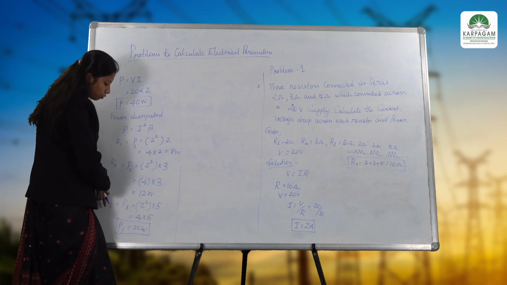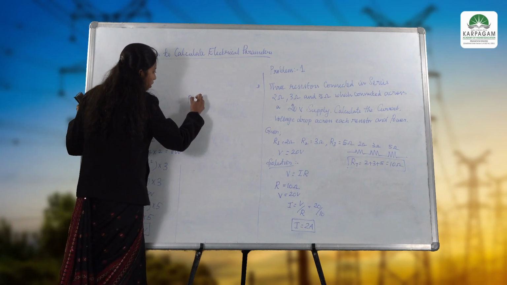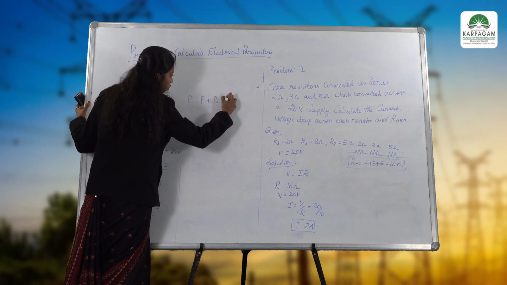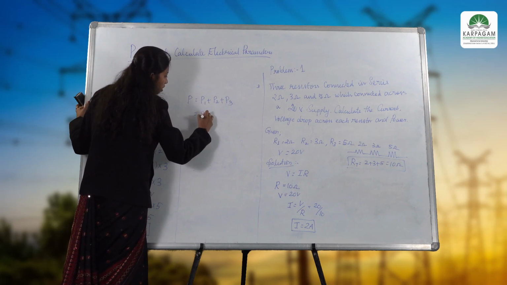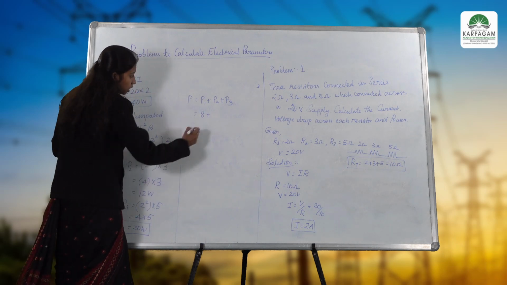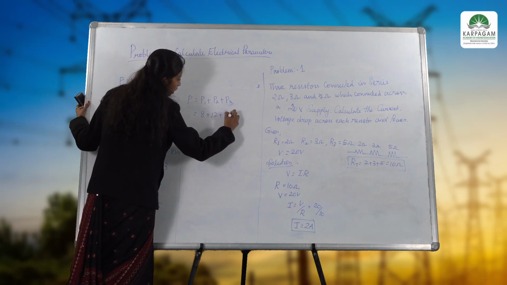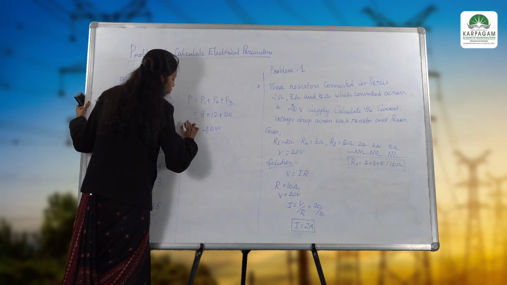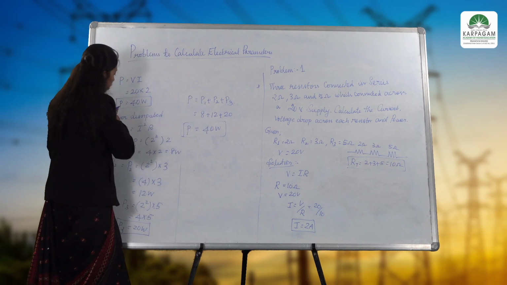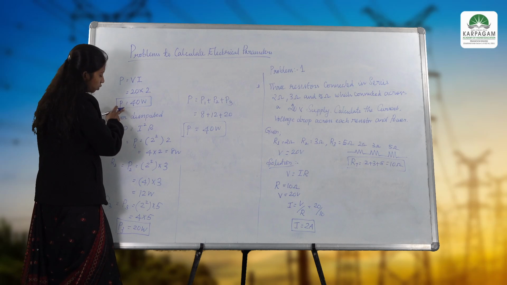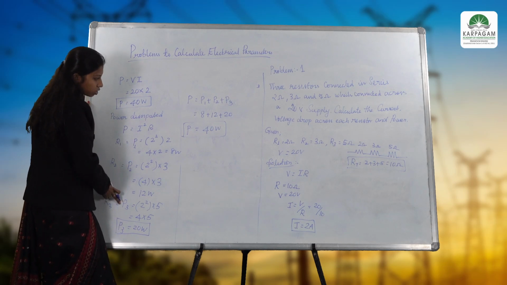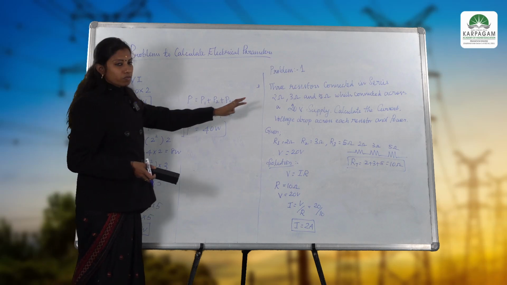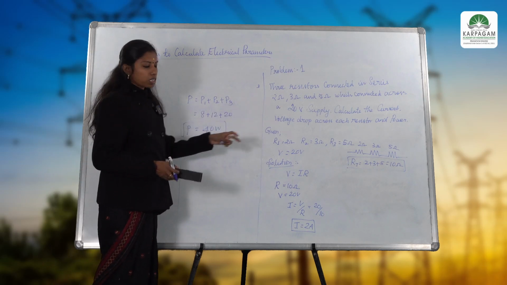So even now if you calculate the total power, P is equal to P1 plus P2 plus P3, the total power dissipated across each resistor, you will get 8 plus 12 plus 20, which is nothing but 40. That is the power we received while using the formula V into I. The total power is equal to the power dissipated across each resistor. So this is how you need to calculate a problem when 3 resistors are connected in series.